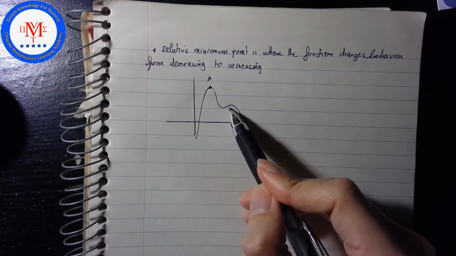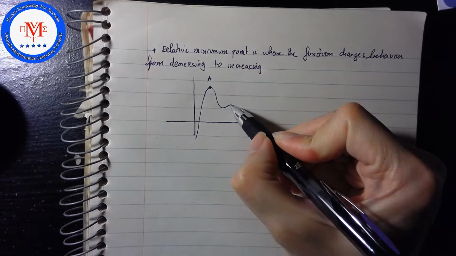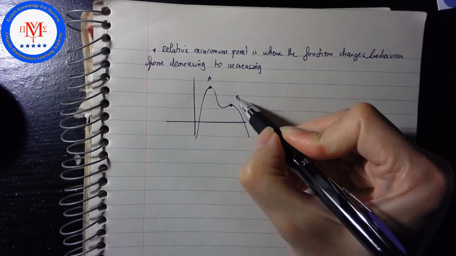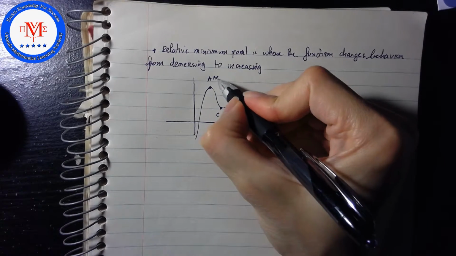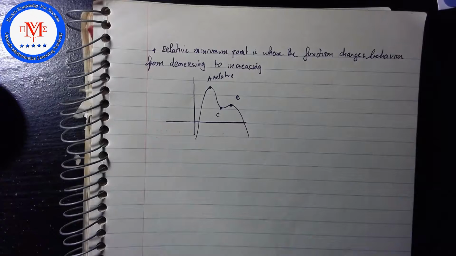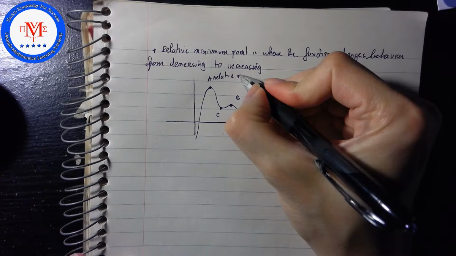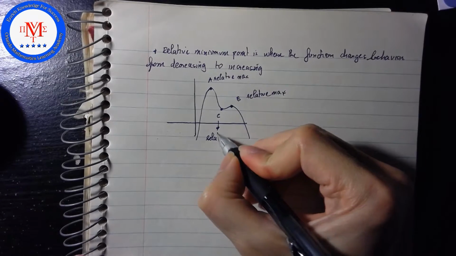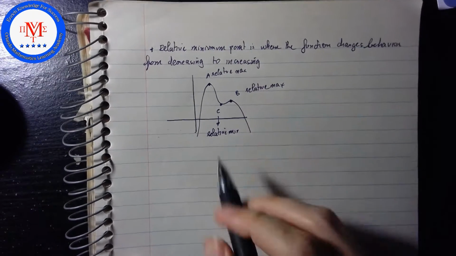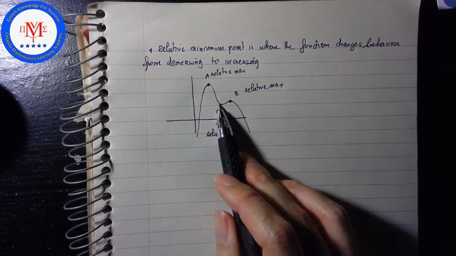Actually, it has two relative maximums and one relative minimum. This is also a relative max, and this is a relative min, because at this point it changes behavior from decreasing to increasing. You see that?